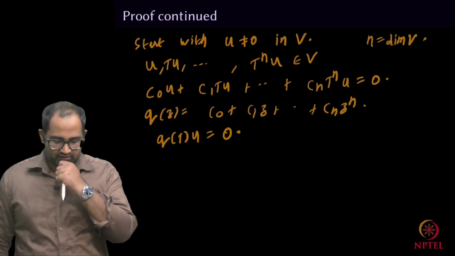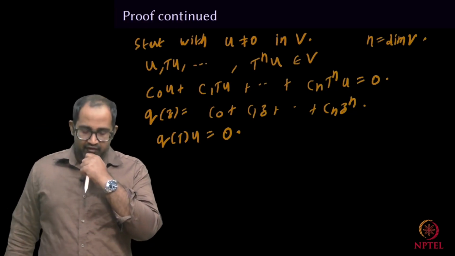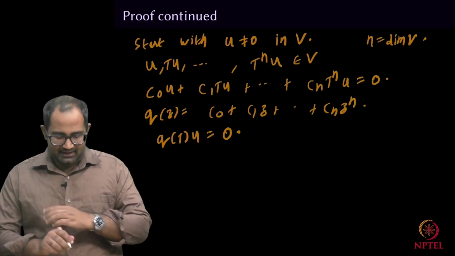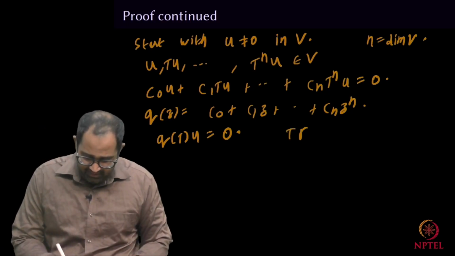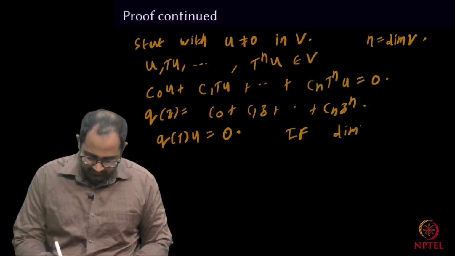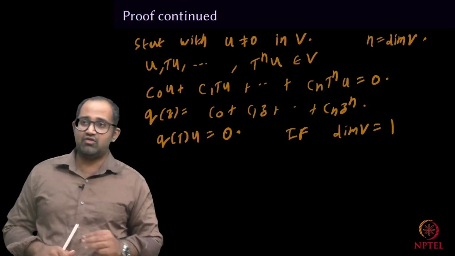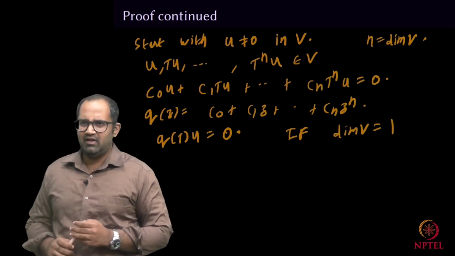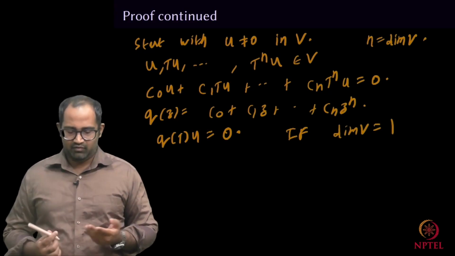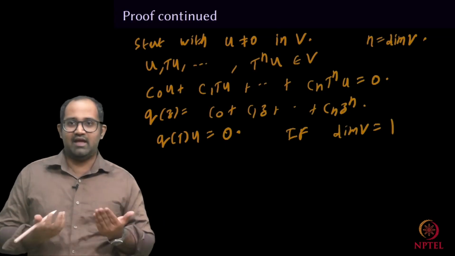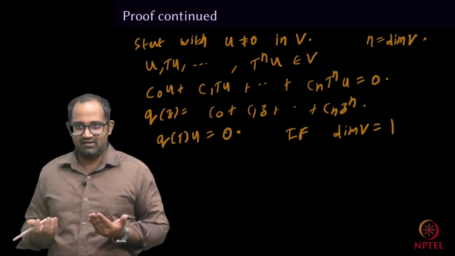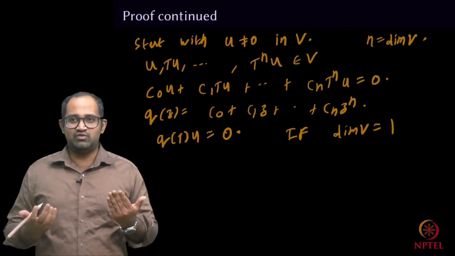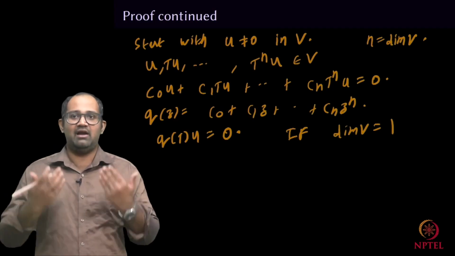Okay. Now, what are we going to do? Well, let's think about this. When are we done? Well, if the dimension of V happens to be 1, then we are actually done, right? For trivial reasons, because there is only one vector in the basis, and you just choose that vector and do this argument.